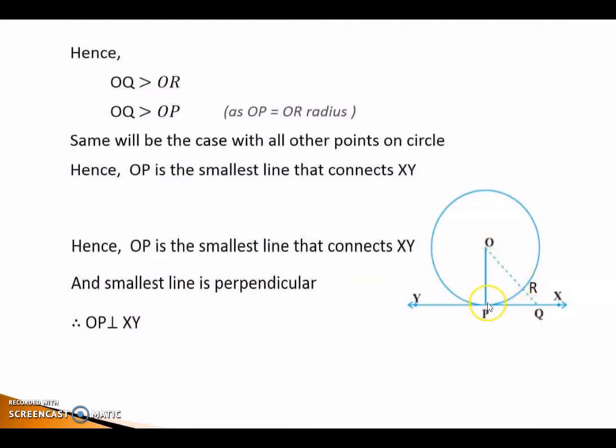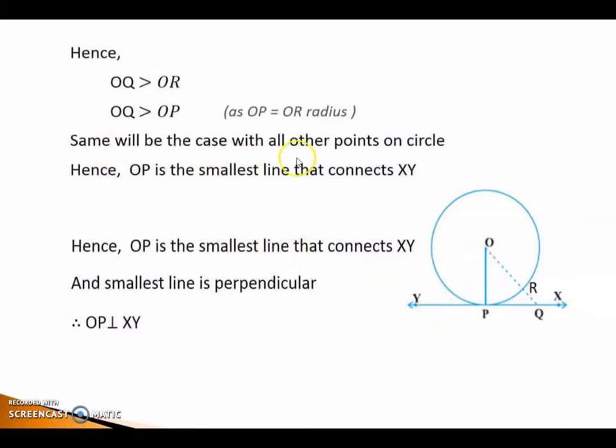Now what about OP? OP and OR are equal because they are radii. So OP is the radius, OR is also the radius, and this length OQ will always be greater than the radius. So if I take any other point on XY, not only Q, any other point on this side also, let's say B over here or A over here, and I join O with that point, that line will always be greater than the radius.